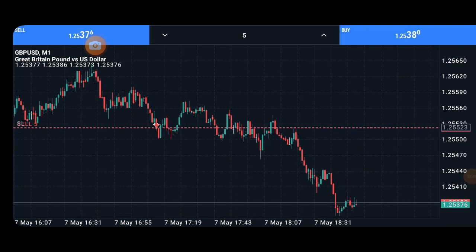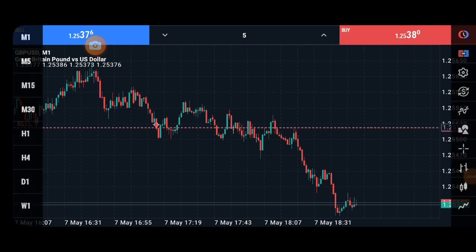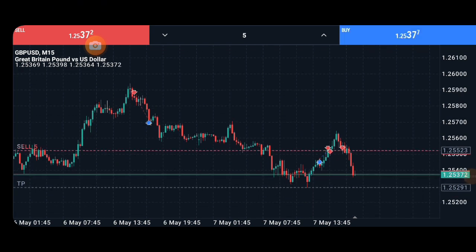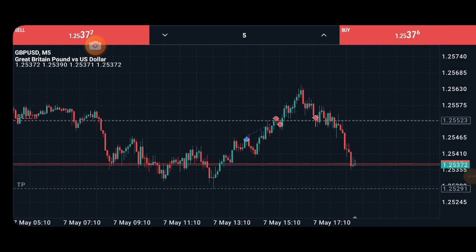So let me see where I will not anticipate to see price retrace to. So yeah, we might see a retracement higher onto that 15 minutes fair value gap, but we'll just see whether our TP will be hit. So I will not move anything.